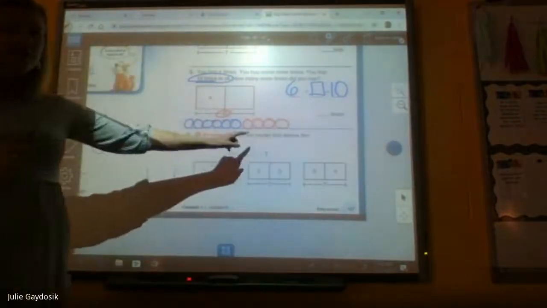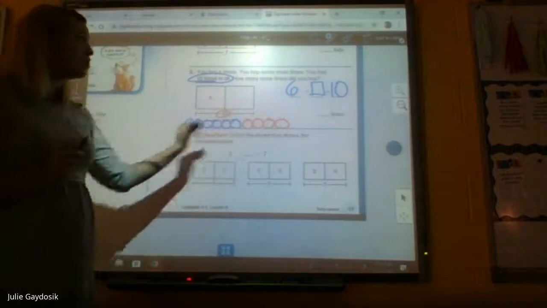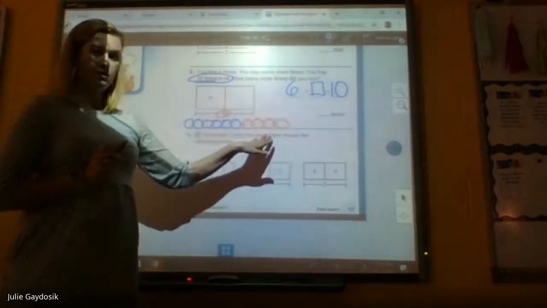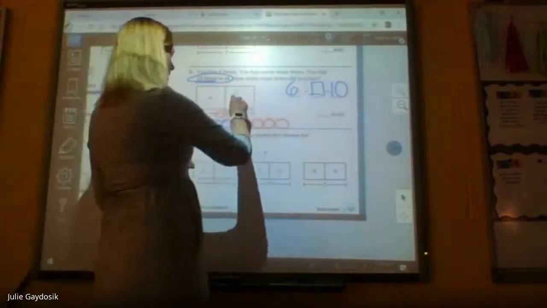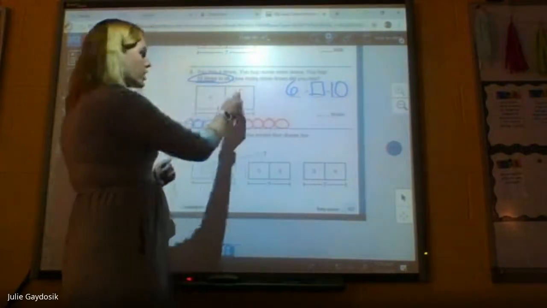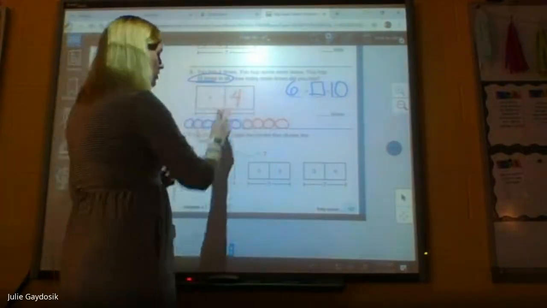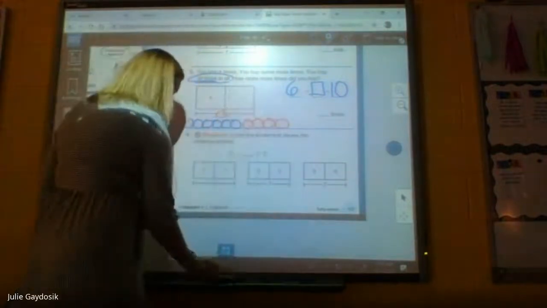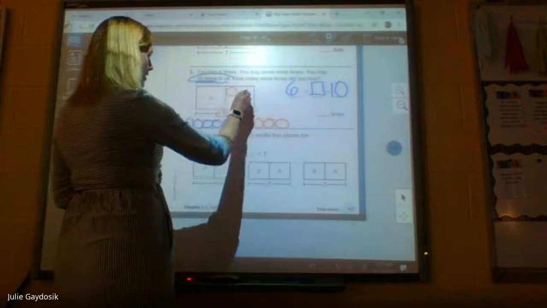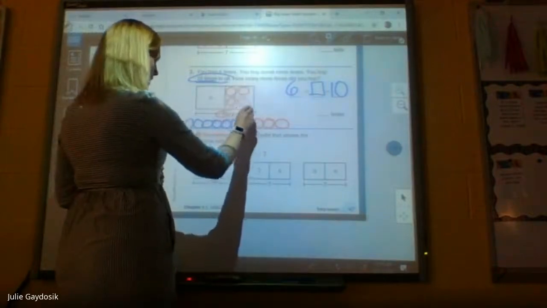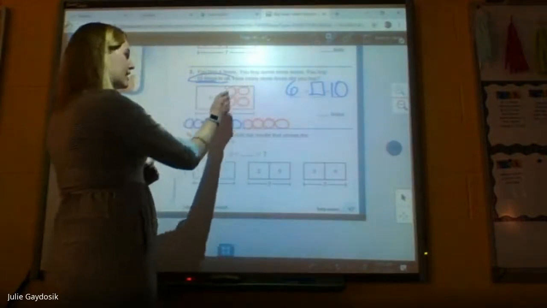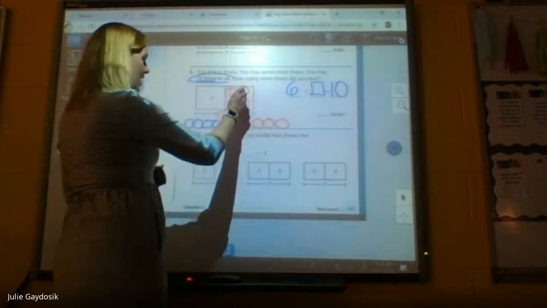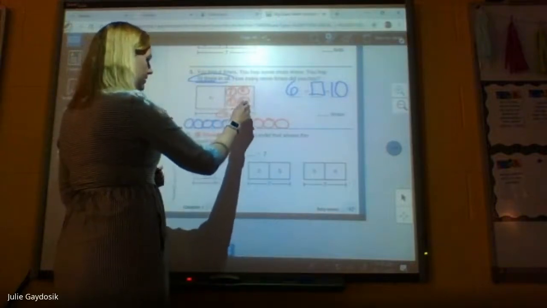Now looking at my red circles, how many more times did I hop? 4. So I'm going to write 4 here, or you could have drawn the 4 circles in here. So you could have also done this. You could have done 1, 2, 3, 4. But you could have done 6, 7, 8, 9, 10.